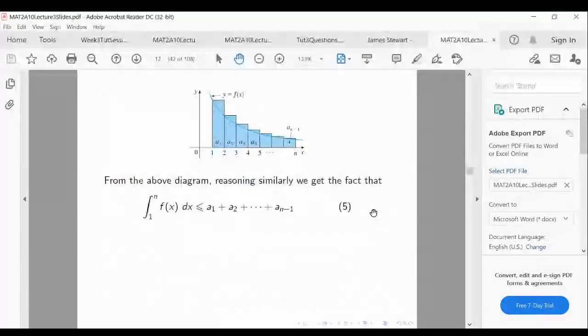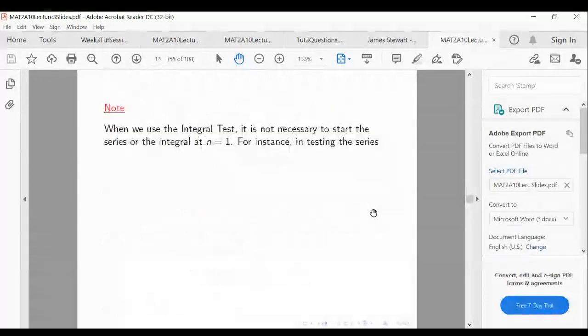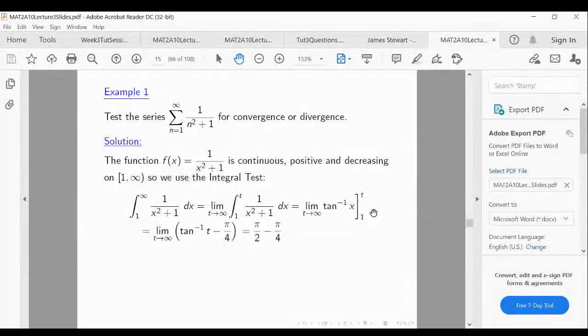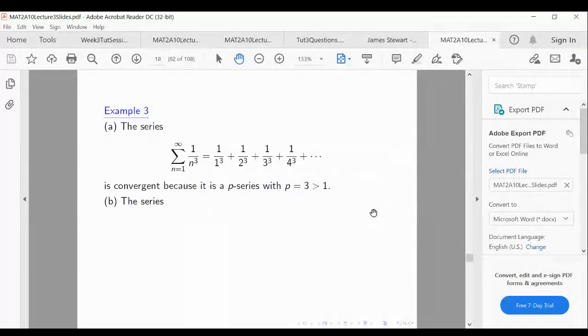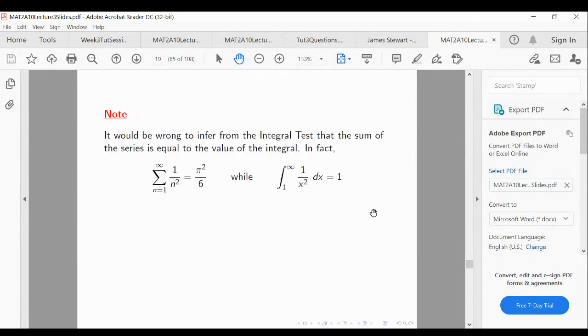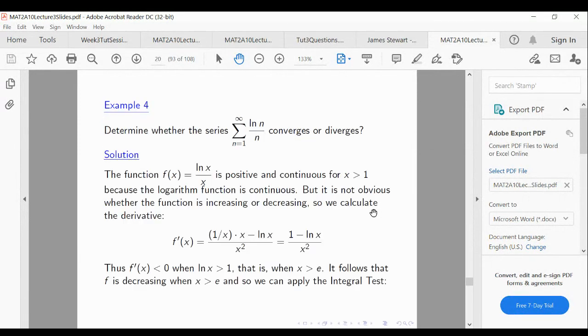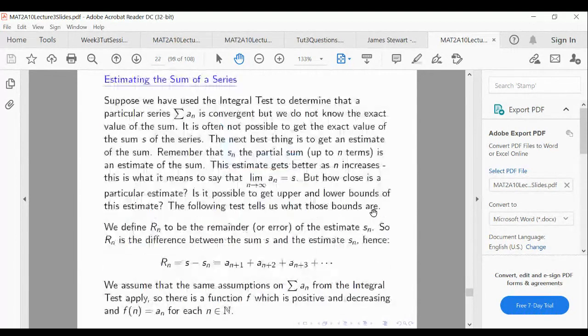So there's the integral test. There is the proof. There is example 1, example 2 we completed. We'll pick up tomorrow evening's lecture with example 3, and then example 4, and then we will do this section, which is a subsection of 11.3. It's called estimating the sum of a series.